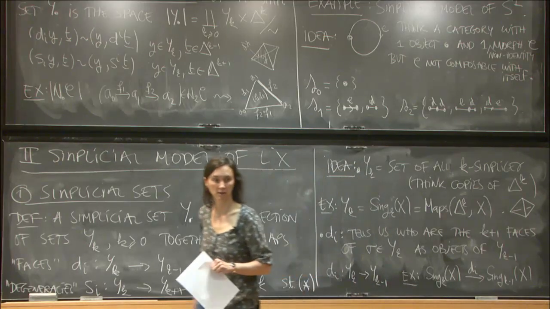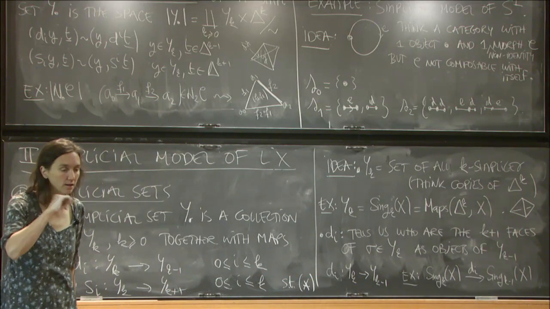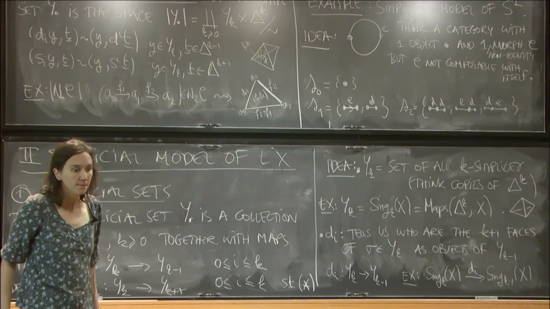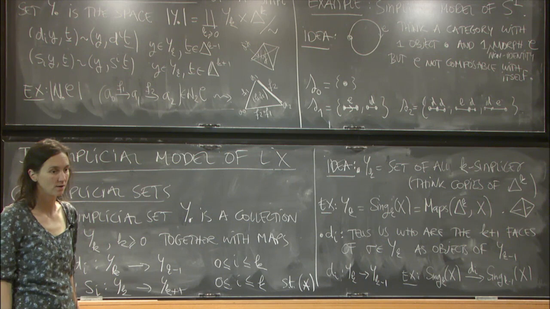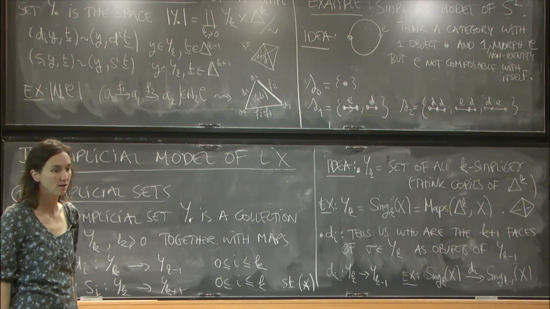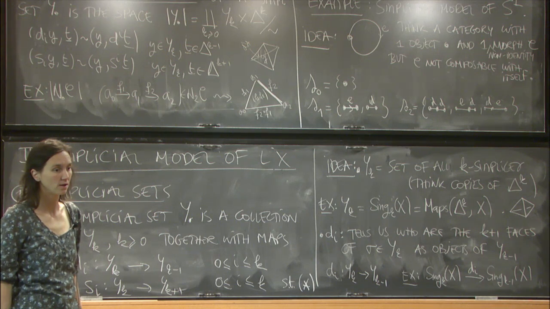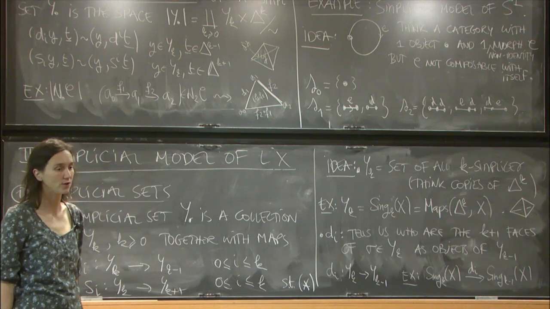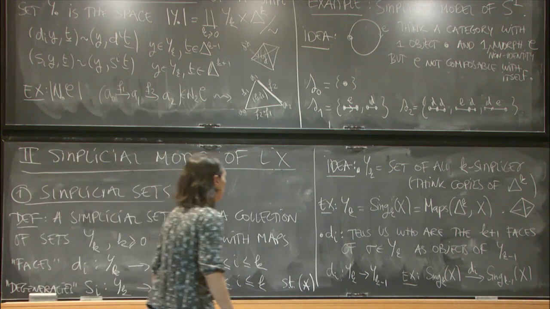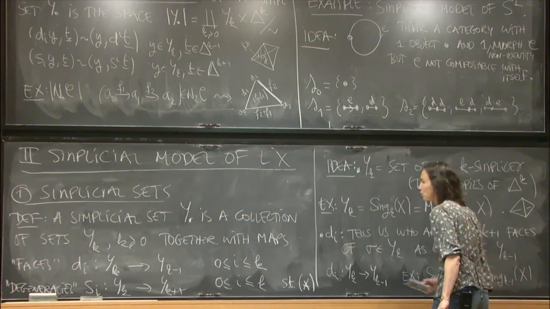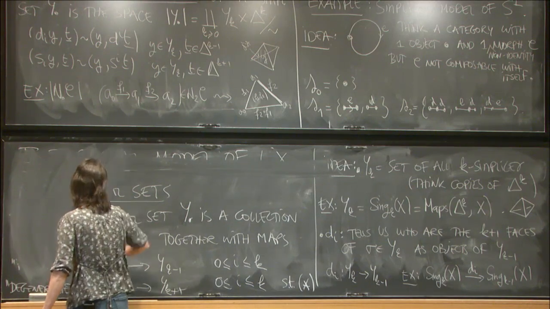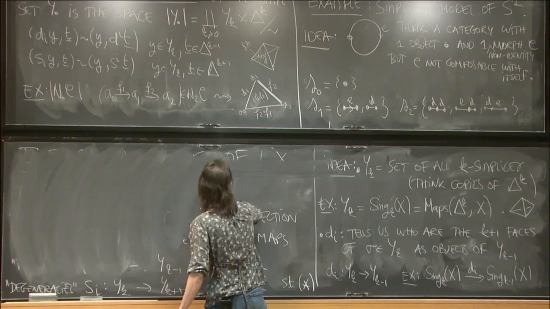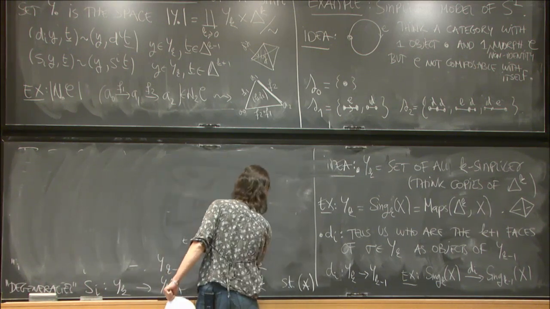Yes? Please tell me an example that does not satisfy the definition of simplicial set. Well, let me use that to make a remark that I wanted to make anyway. So let's do a non-example.